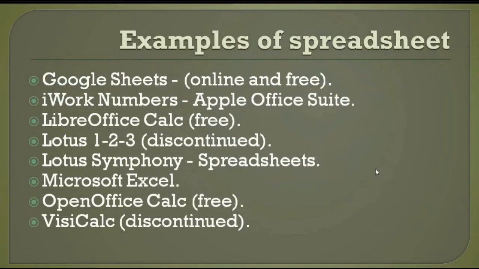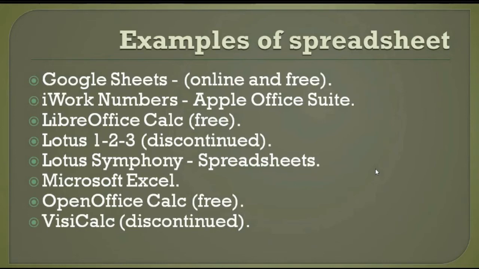So examples: Google Sheets, iWork Numbers, LibreOffice Calc, Lotus 123, Lotus Symphony Spreadsheets, Microsoft Excel, OpenOffice Calc, VisiCalc. So this VisiCalc is outdated, and Lotus 123 is also outdated because MS DOS, that is a disk operating system, is discontinued.